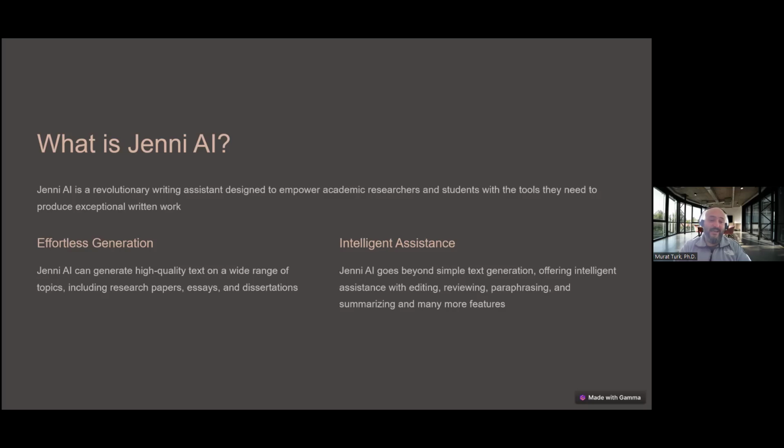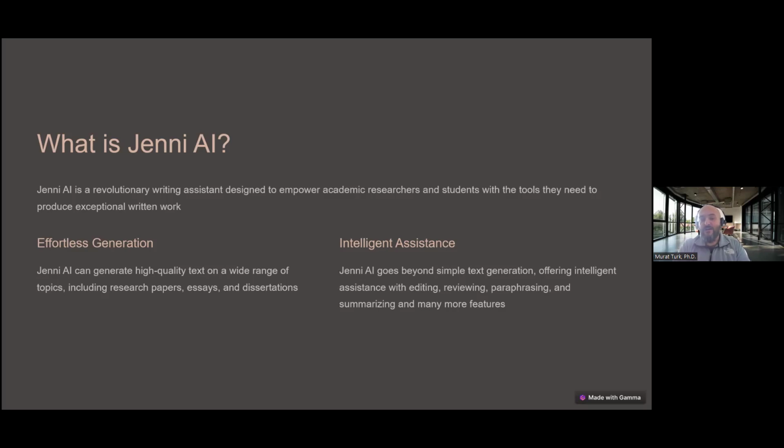Jenni.ai can generate high quality text for you about a wide range of topics and for different paper types, like research papers, essays, dissertations, chapters, journal articles, basically any type of document.